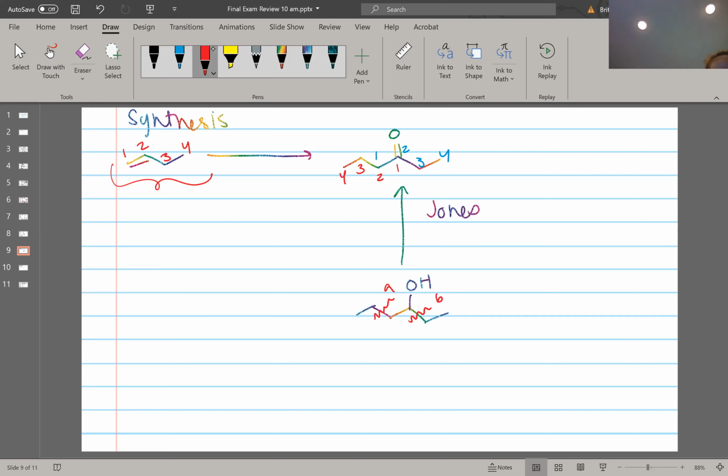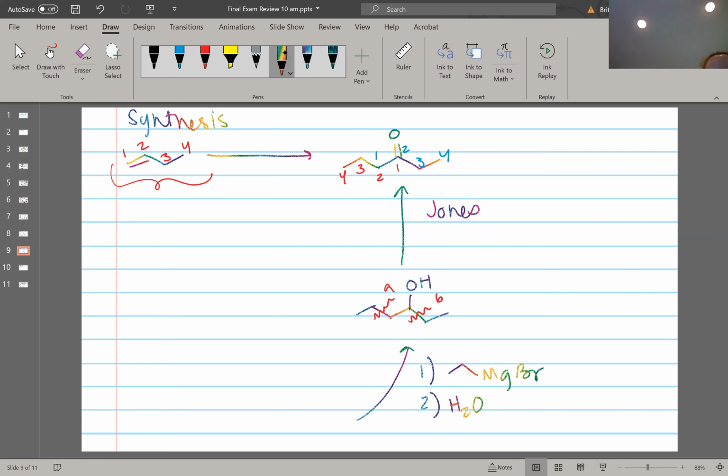A or B? Which one could be made using a Grignard? B, right. So what would we have to react with a Grignard to do this? Our Grignard would have to be a 2-carbon Grignard, and we'd have to follow it up with water to get to our alcohol.